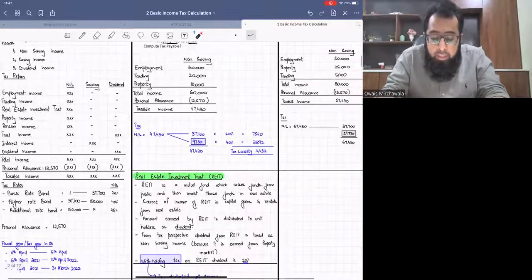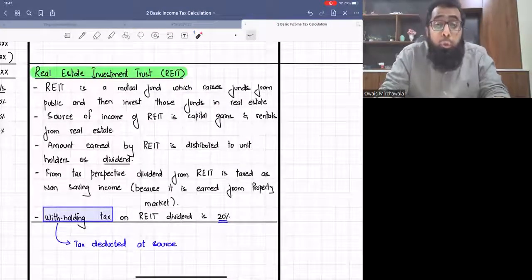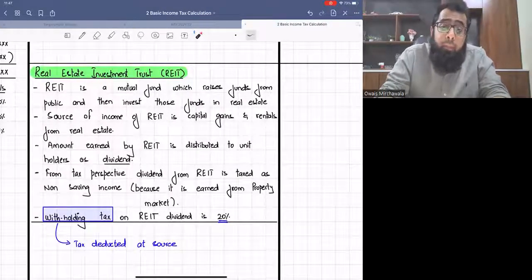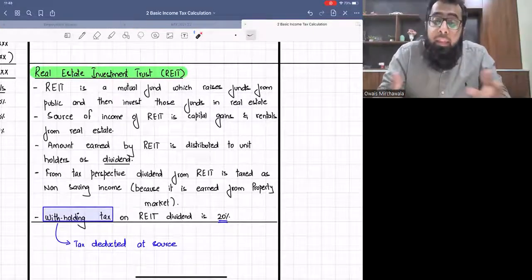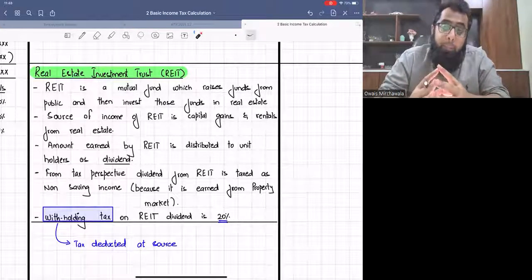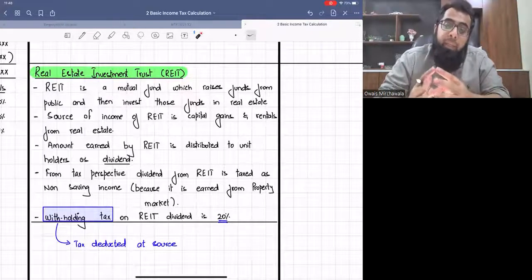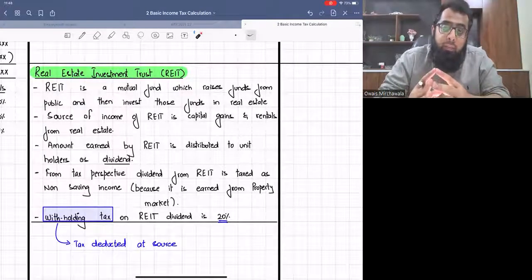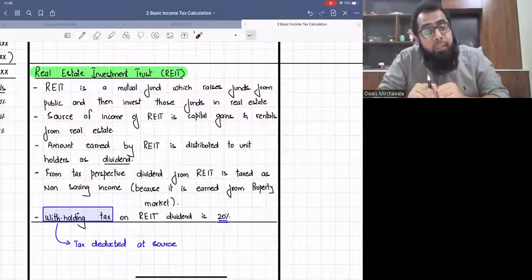Then there is real estate investment trust, mutual funds, which raise funds from the public and then invest in the real estate market. They earn from rentals and from capital gains. When they earn, they distribute it in the form of dividends.